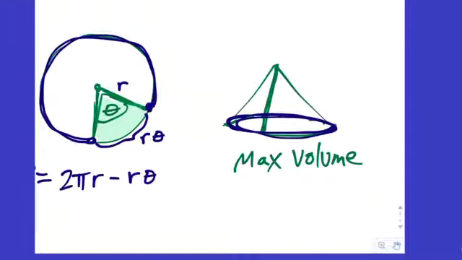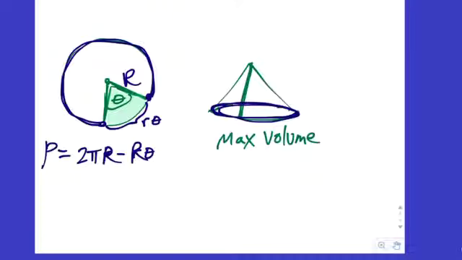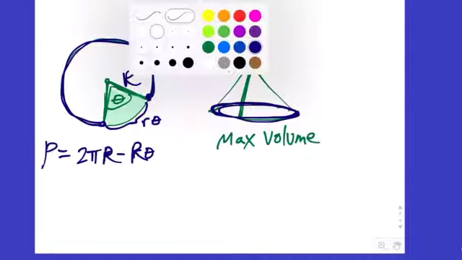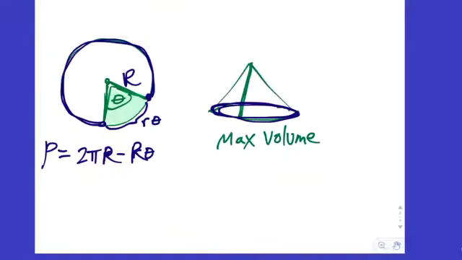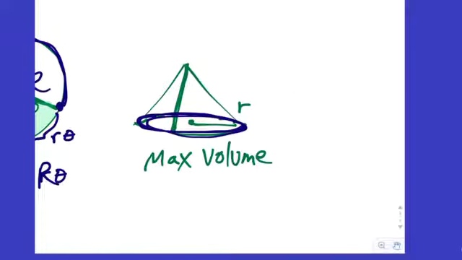Maybe I should let this equal big R. I'll say big R is a constant. You actually have to let big R be a constant. The variable is little r over here, the radius of your cone. So the bottom of the cone ends up being the circumference.